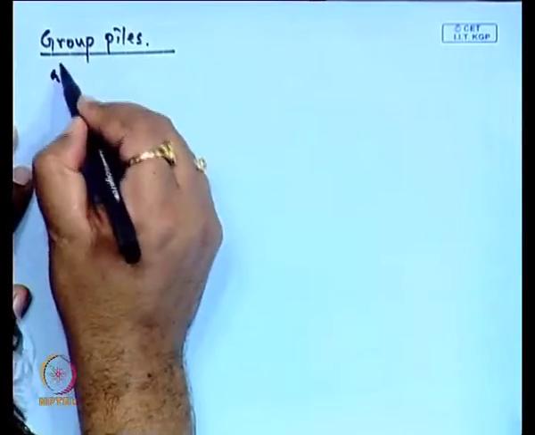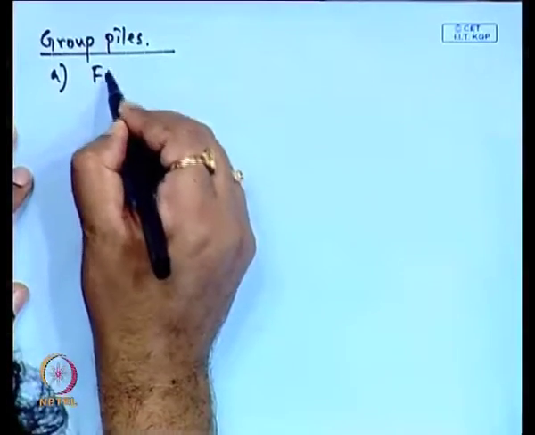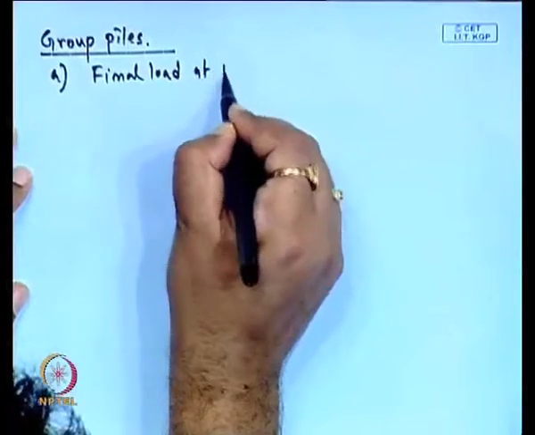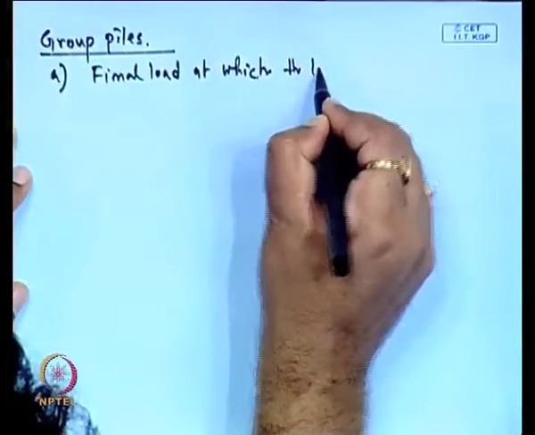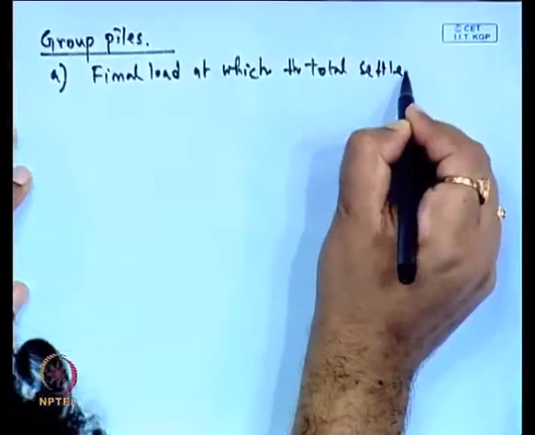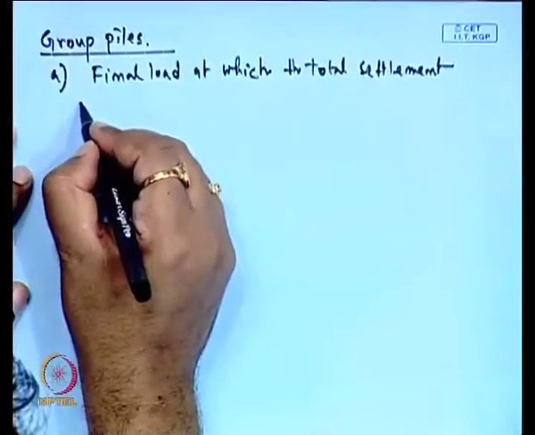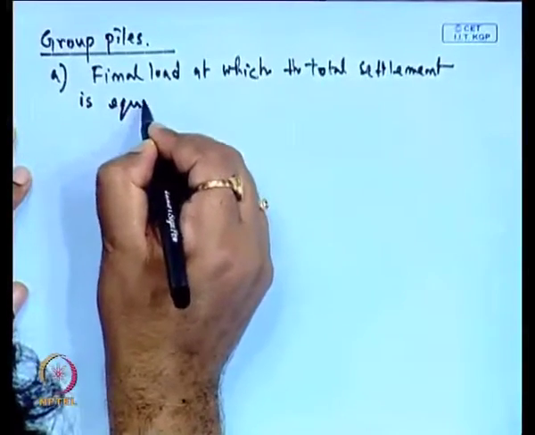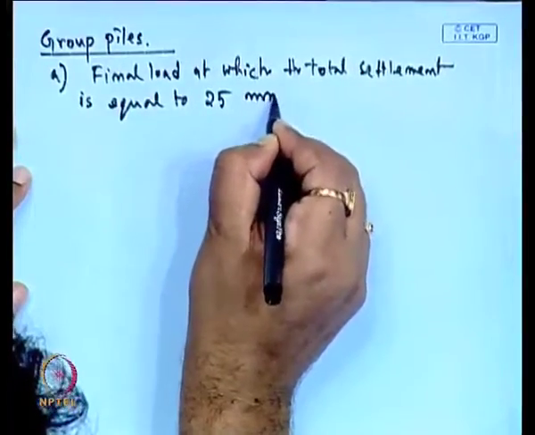The first one is the final load at which the settlement is equal to 25 millimeter.